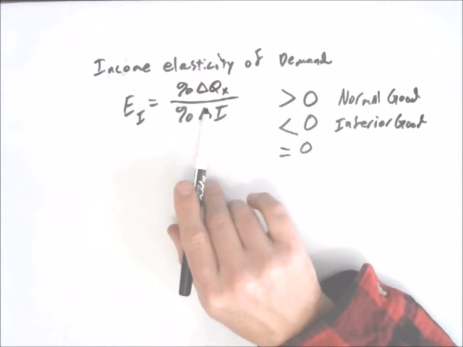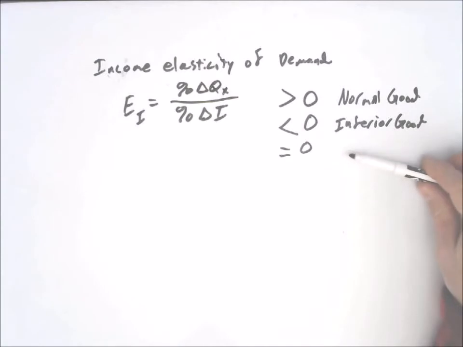If I was an insulin-dependent diabetic and I became a millionaire overnight by winning the lottery, I'm not going to buy any more or less insulin than I normally would have at any price level. So that's simply a good whereby there's no relationship between changes in my income level and changes in the demand for the product.